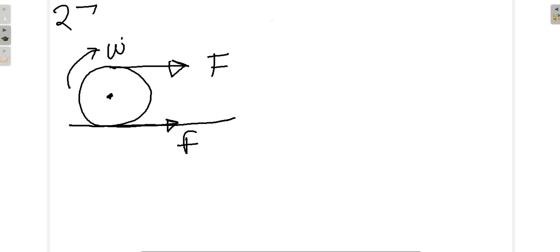Sum of all the forces acting is mass into acceleration. So capital F plus small f is equal to ma. Okay, so this is D'Alembert's principle for translational motion. Now let us look at rotational motion.